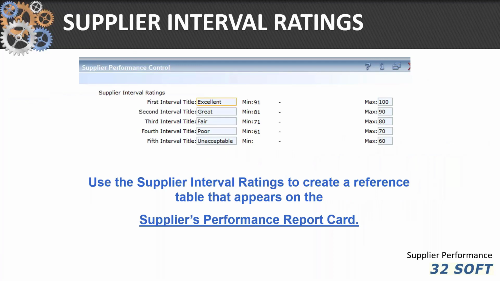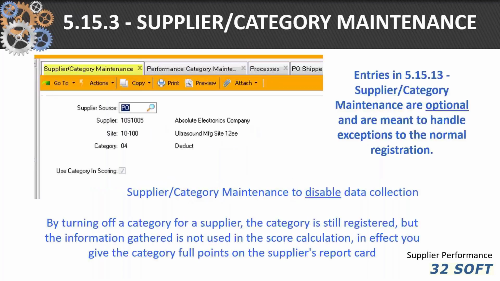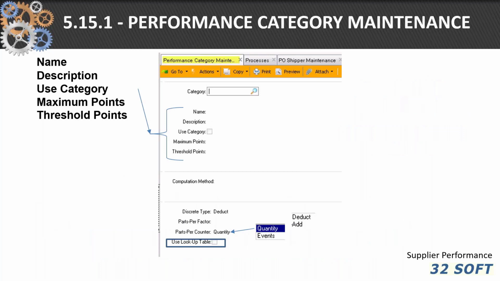There's the supplier interval rating, so you set up excellent, great, fair, poor, unacceptable rates, and that can be printed on the supplier performance report card that tells the supplier how they're doing. You can use 5.15.3 supplier category maintenance. These set up optional events for recording the supplier performance.